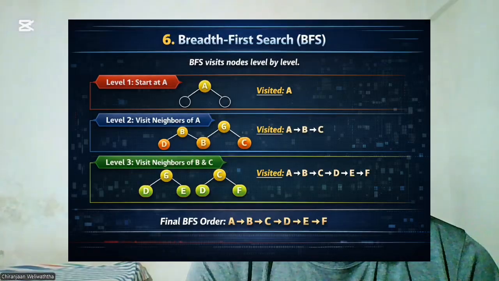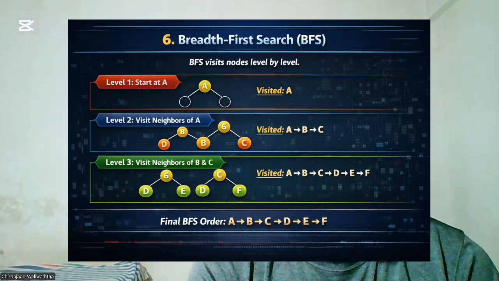First A is visited, then B and C, and finally D, E, and F. Therefore, the BFS traversal order is A, B, C, D, E, F.